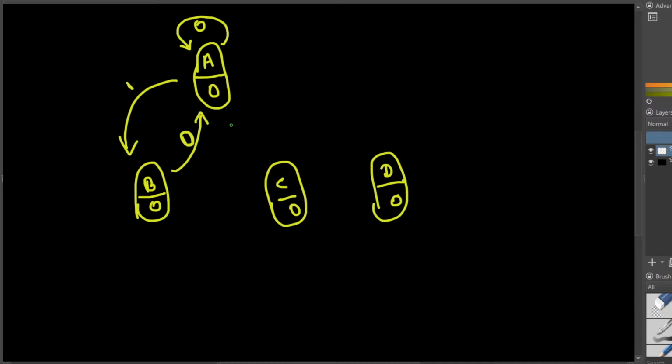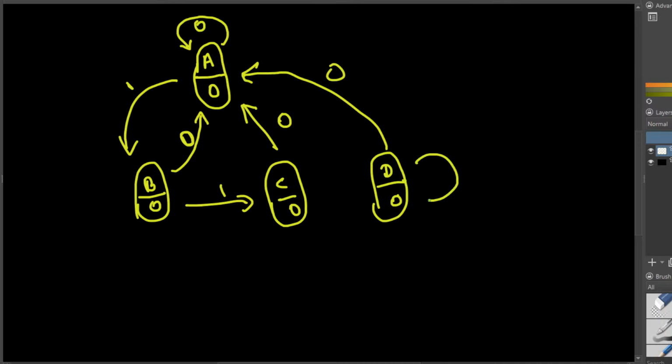Let's put the 0, and this one is 1, this one is 0, and this one is 0, and we have 1 like this, that is 1.